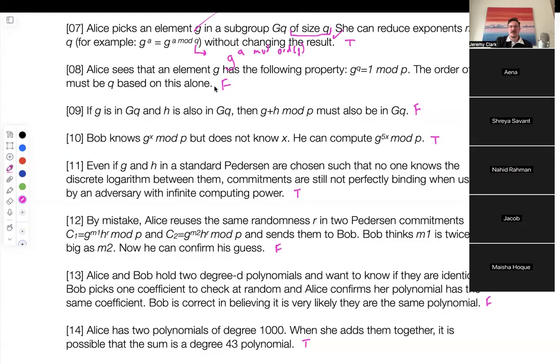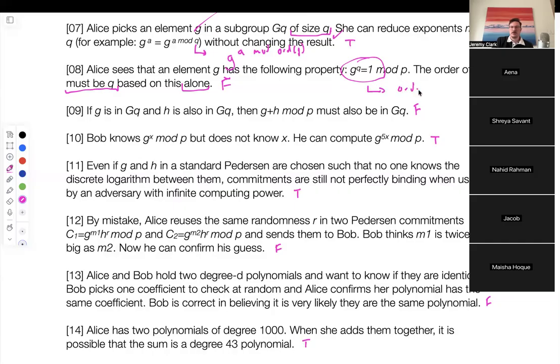Okay, Alice sees that an element G has the following property: G to the Q equals 1 mod P. The order of G must be Q based on this alone. If the only thing you test is this, can you conclude that the order of G must be Q? This is a slightly trickier question. What this tells me is that it probably is order Q, but there's a chance that it's a smaller order.